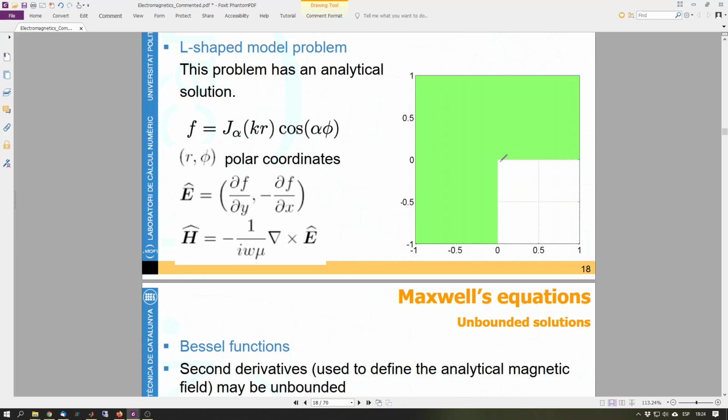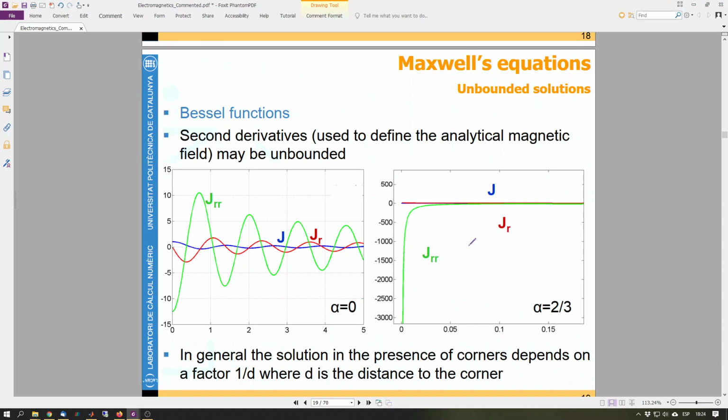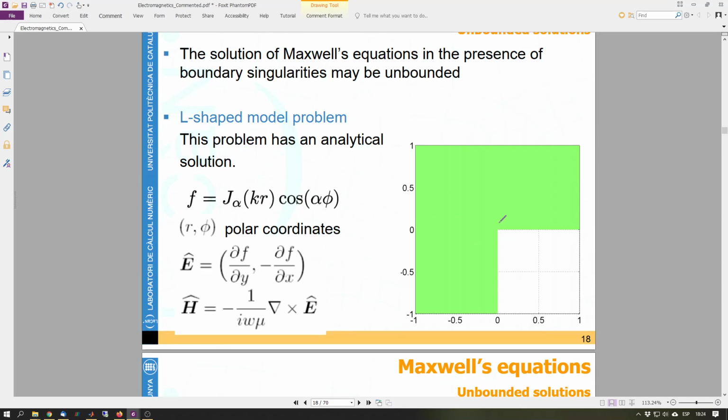When we work with a discretized problem, we get a numerical solution that of course is not going to capture exactly the singularity that we have at this corner. And this may pose a problem if we try to discretize with a finer and finer mesh on that corner. We are not solving in a pointwise manner with finite elements.